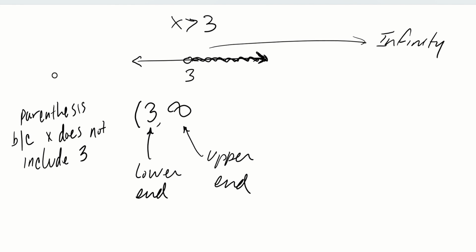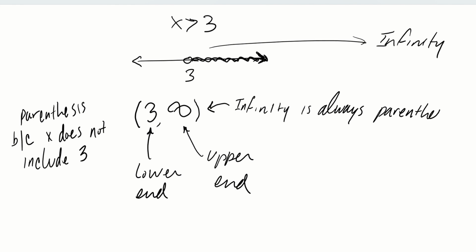On the right-hand side, I'm also going to use a parentheses because we can never actually get to infinity. So whenever we have infinity, we always use parentheses. So this would be the same statement in interval notation.